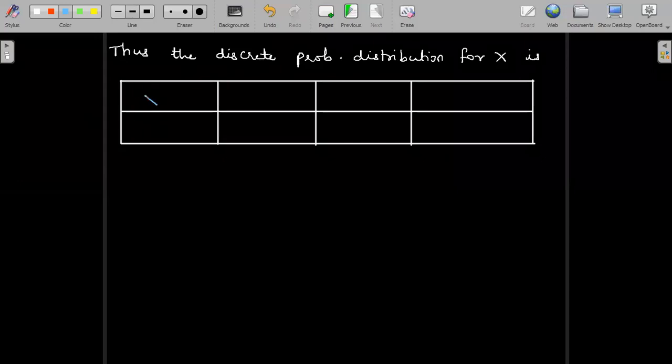So x is nothing but xi. Notations are different, that's all. And the probability of getting each of these xi we are going to write down. So x is nothing but the range of x, whatever x values it is taking. It is nothing but 0, 1, and 2. These are the different possible values of x that we already saw.